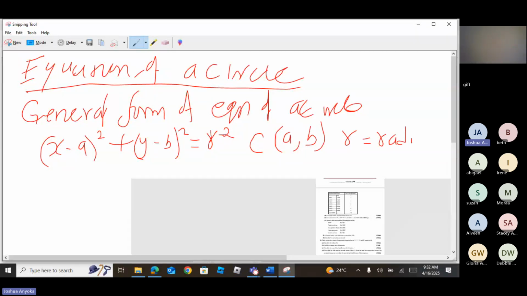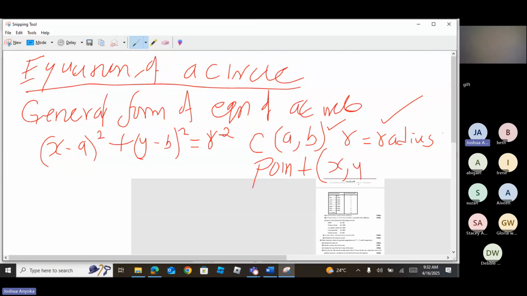So for us to start off doing anything in equation of a circle, we are supposed to see the center and the radius. You cannot work out the equation of a circle without center and without radius. And then another point, we have a point which is arbitrary, which is (x, y). This is a point where the circle is passing through.